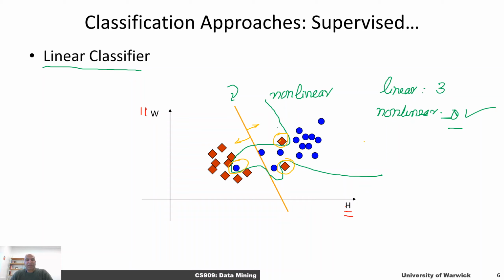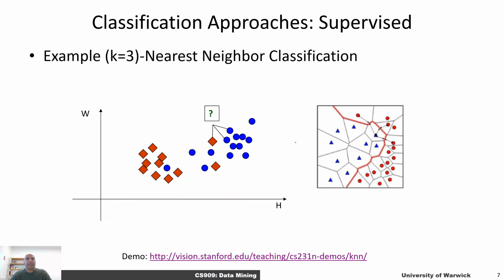One type of nonlinear classifier, for which we have posted some resources on the course page, is a very simple classifier called the k-nearest neighbor classifier. What it does is assign a class label to a given example based on where that example lies and what the majority class within its neighborhood is.